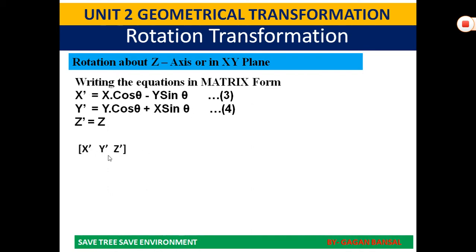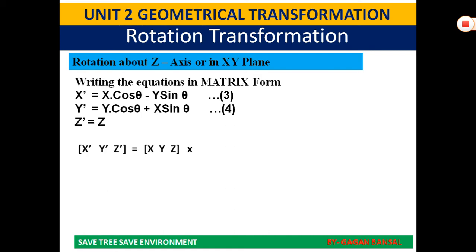So x dash y dash z dash will be equal to x y z into the rotation matrix, that is, the rotation matrix about z axis. How can we convert x dash equals x cos theta minus y sin theta with the 3 by 3 matrix? Hope you can guess. Yes, very fine. You can write it by yourself also.